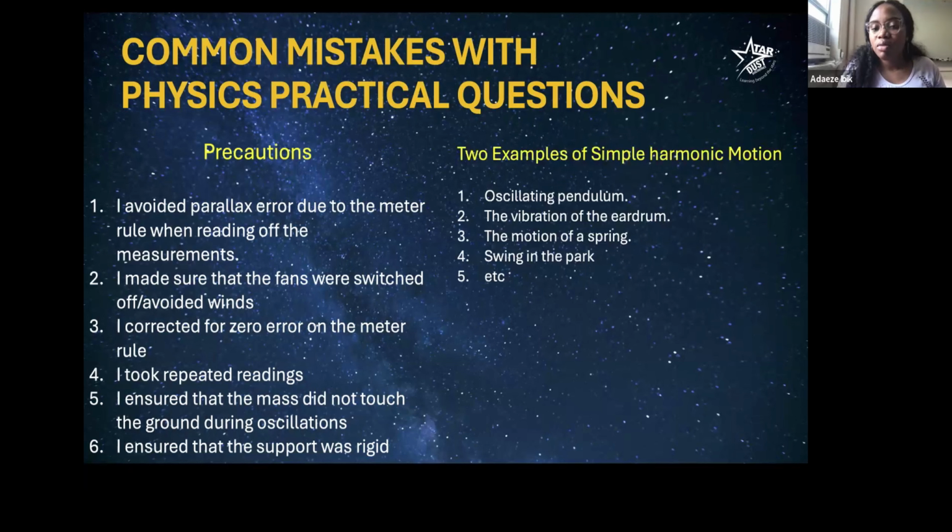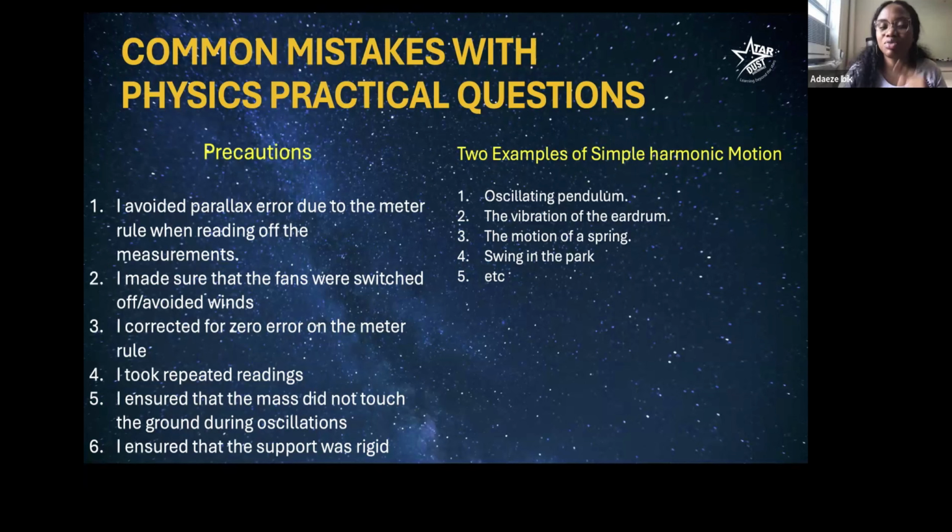There is another question about examples of simple harmonic motion. So what we just went through is a typical simple harmonic motion. So usually you will get questions that follow, and one of the ones we got this time is to state 2 examples. So I listed some of them: oscillating pendulum, vibration of the eardrum. First of all, what is a simple harmonic motion?